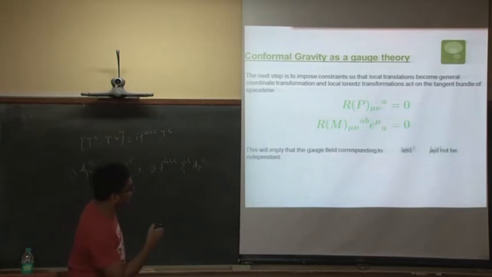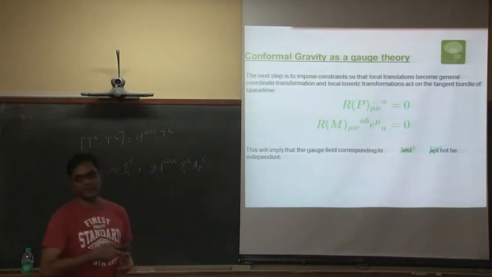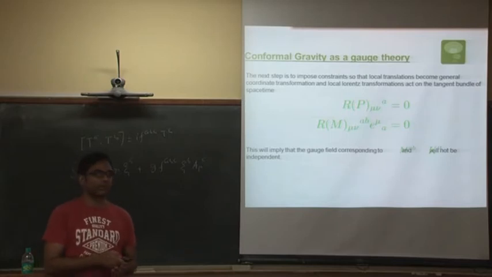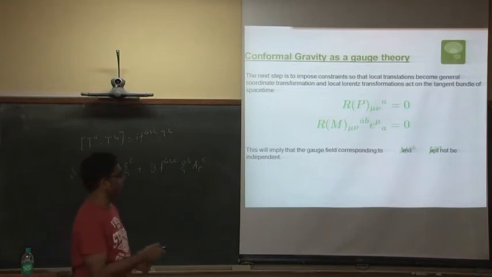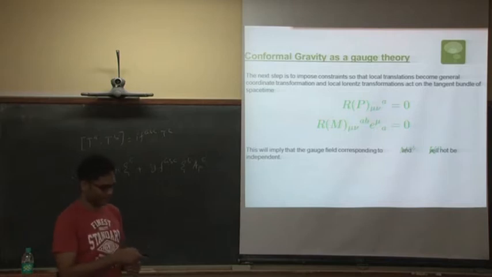If you impose these constraints, it means that the gauge field corresponding to the local Lorentz transformation M_ab and K will not be independent. The gauge field associated with local Lorentz transformation becomes a spin connection, and that is given in terms of the vielbein. And the gauge field corresponding to the special conformal transformation also becomes dependent.